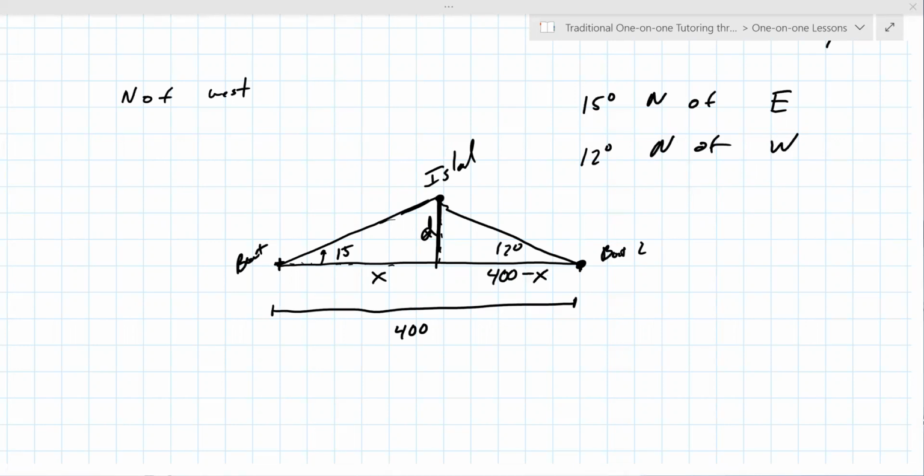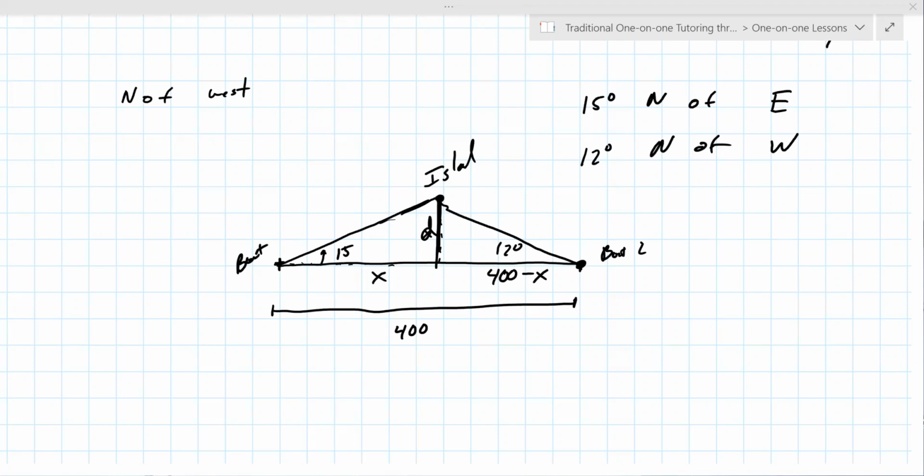I mean, I can look for one here. Right triangle. All right, let me see here. I find one. These are no good.